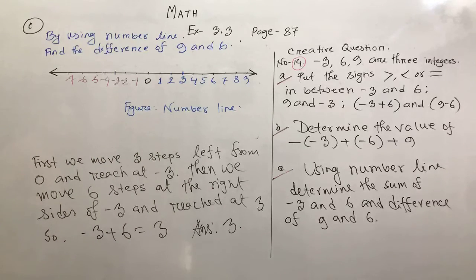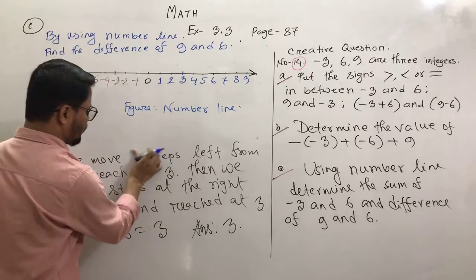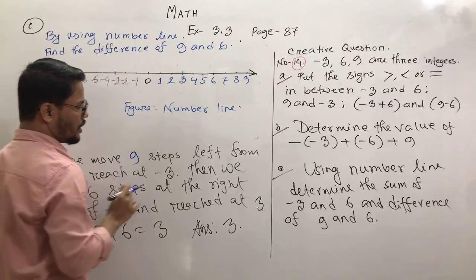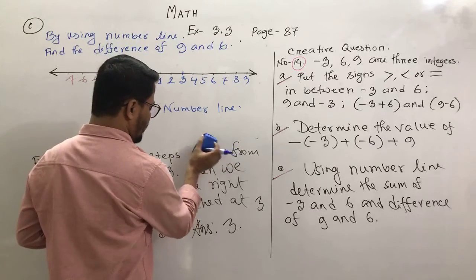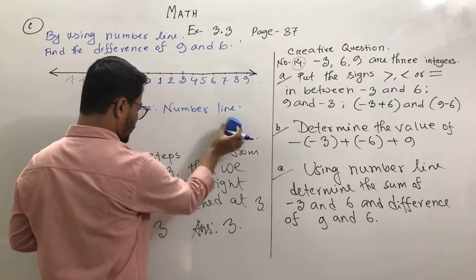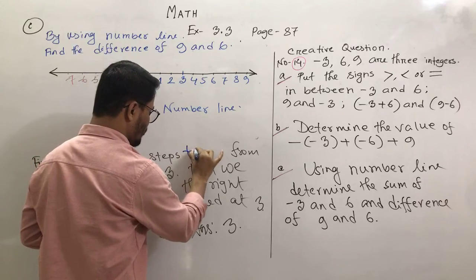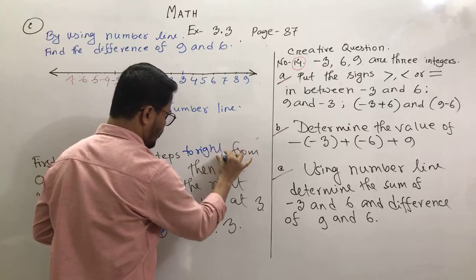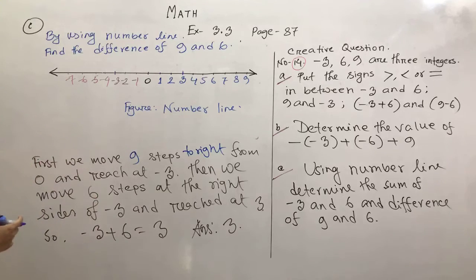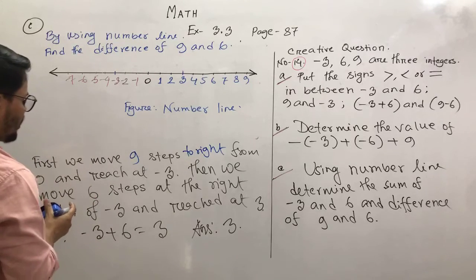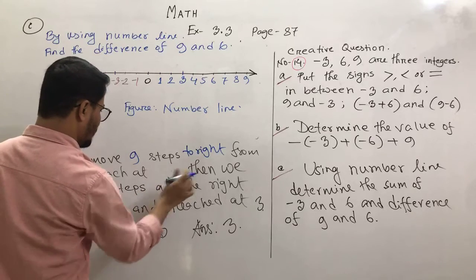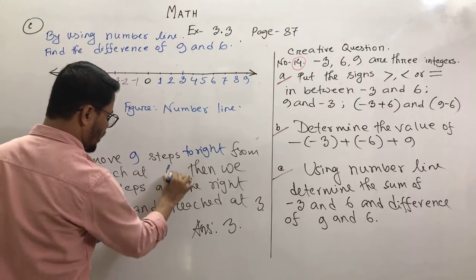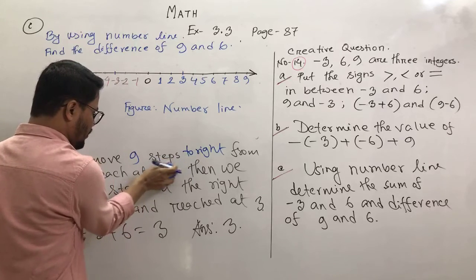First we move 9 steps to the right from 0. Then we reach at 9.